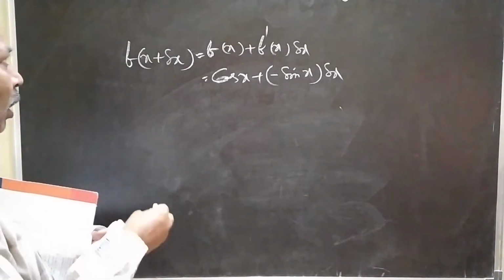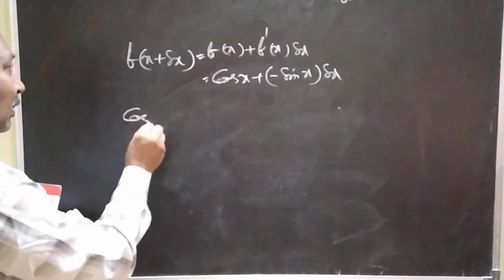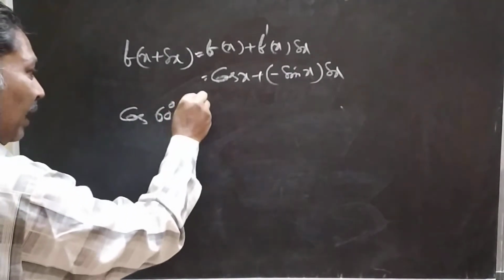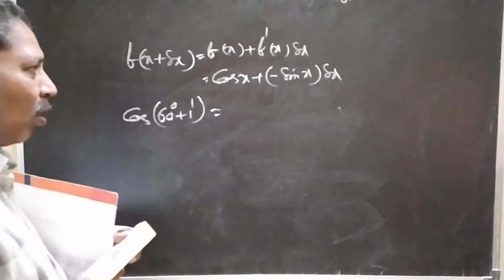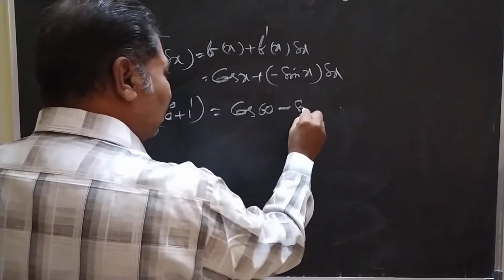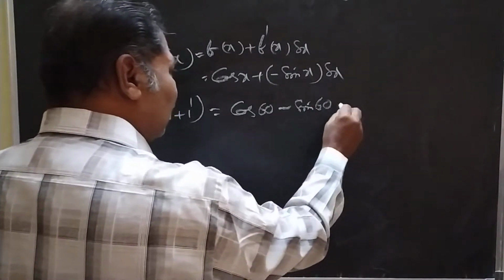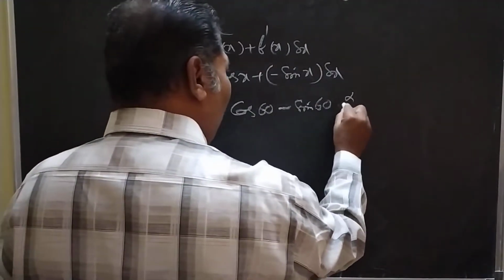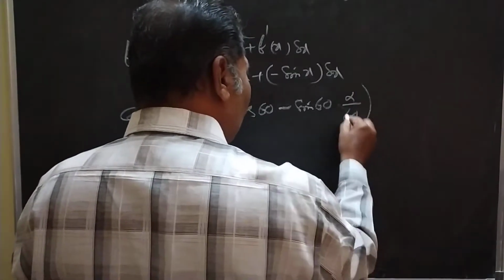So substitute all values: cos 60 minus sin 60 into delta x value, alpha by 60.